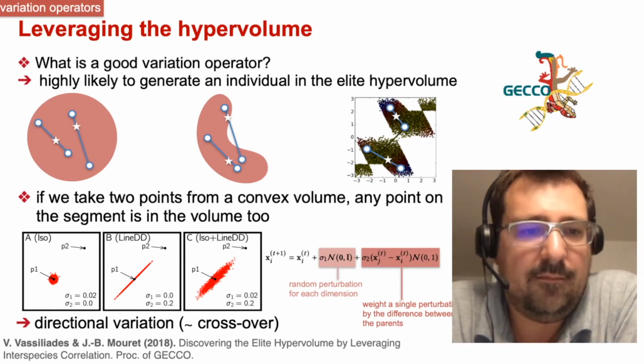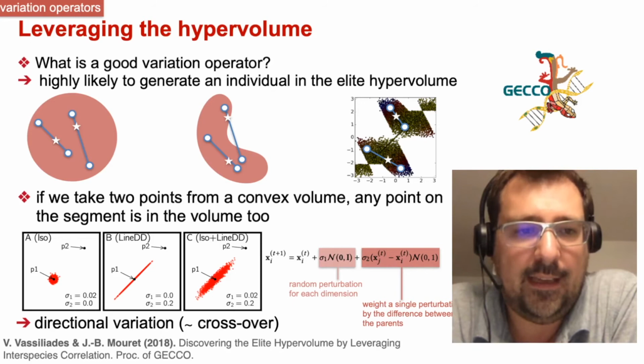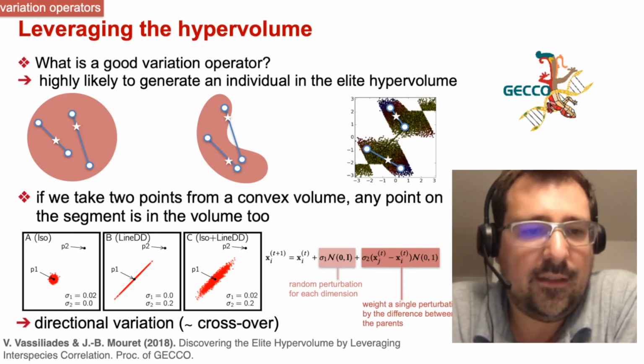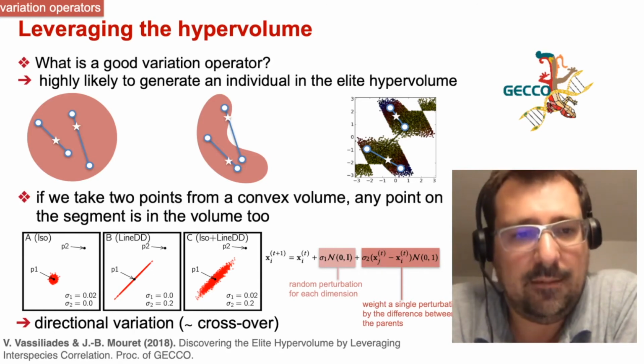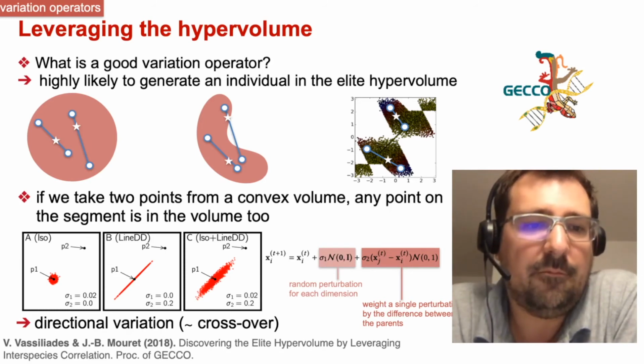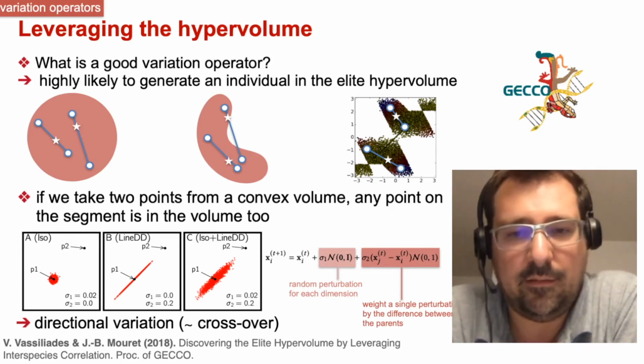We wanted a simple crossover that works well for this case. So what we did is to propose this directional variation operator, which is essentially: you take two parents from your map, then you draw a line, and then you generate a random point in between them. So we're just taking a random value.